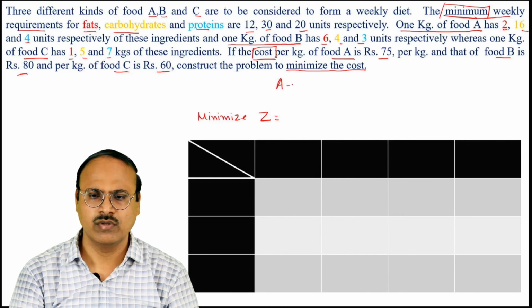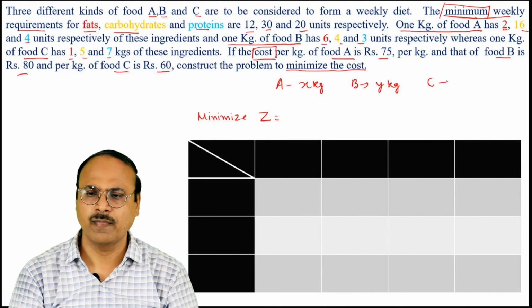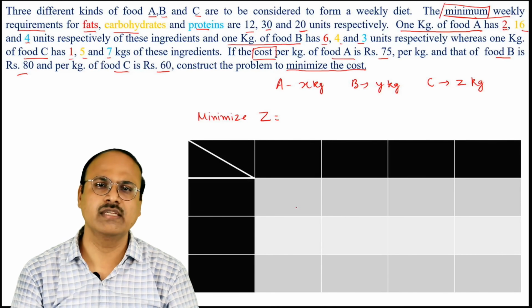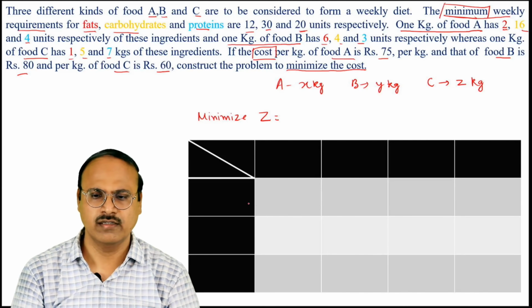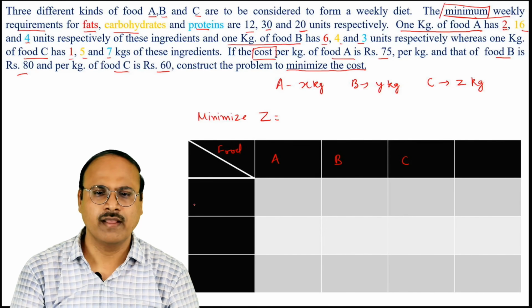So X kgs of food A and Y kgs of food B and Z kgs of food C is being considered. So let us write down, so let us say this is the food here and we have A, B and C, and then we have again three types here, right?